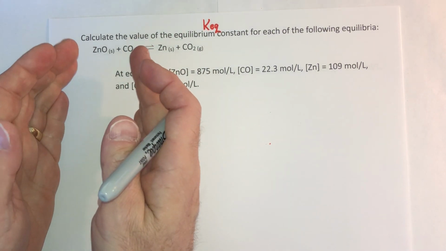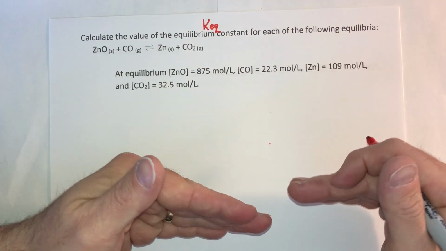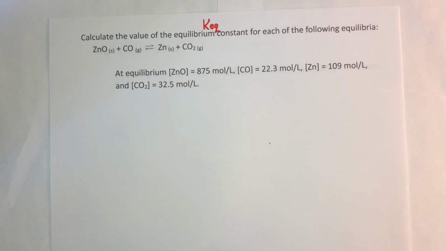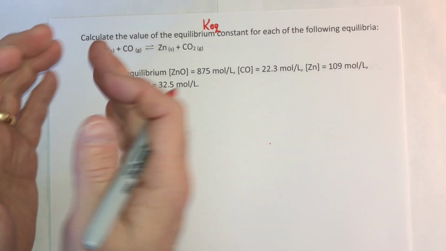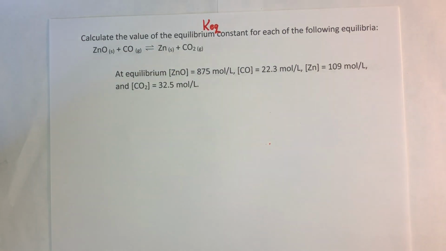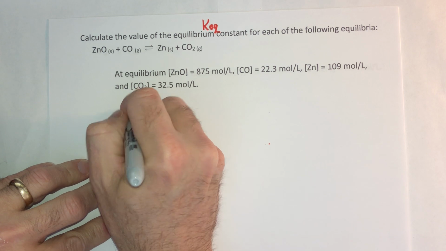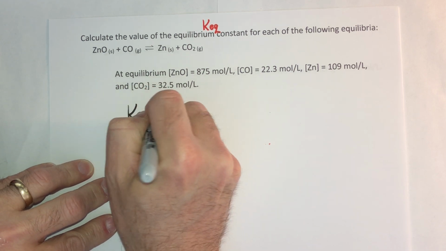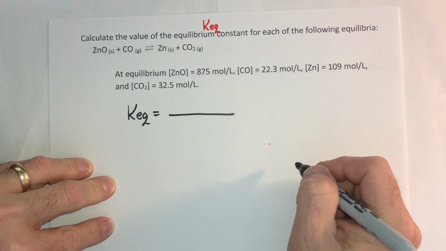Write KEQ equals products over reactants. If you're doing an equilibrium calculation of any sort, and there's a lot of varieties, your very first step will always be write the expression. KEQ, products over reactants. So let's do that. I'm going to say KEQ equals products over reactants.